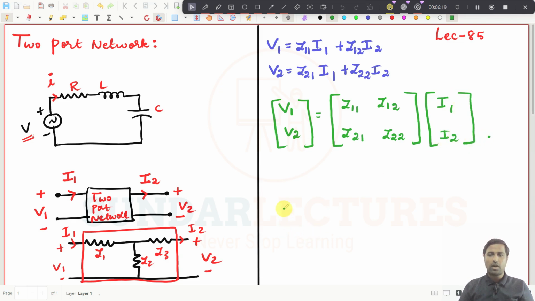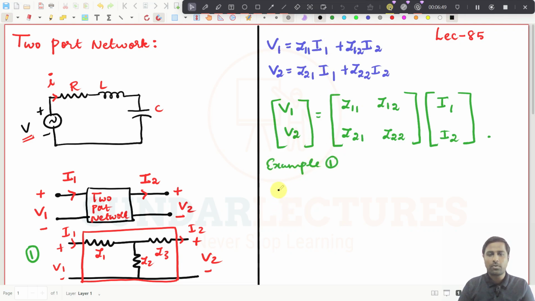This is the relationship we can write. We have seen this already in the inspection method; if you have any doubts, please see my previous lectures, where we wrote the expressions like this. For example, what is it for this circuit? Maybe this circuit is example number one.